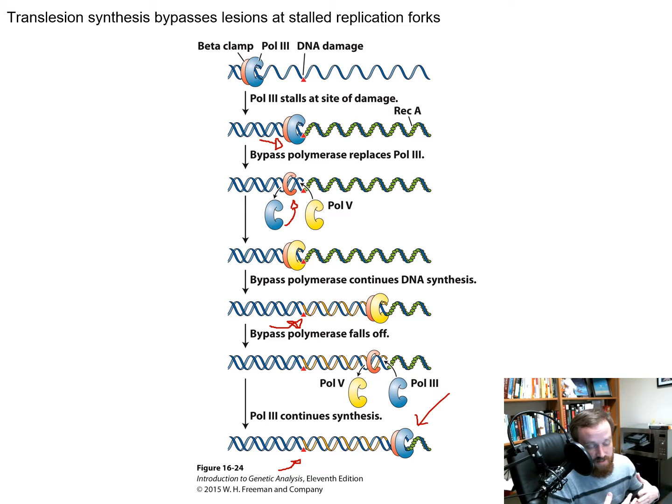So we don't want to fix every single mutation, otherwise everyone will look exactly the same and there'll be no difference between people. At least from the genetic aspect, there are changes in expression and things like that because of environment. But for the most part, this is a way that we can accrue a mutation while continuing to synthesize the rest of the DNA and tolerate at least one mutation here or there.